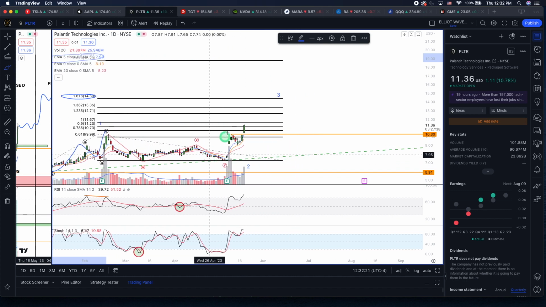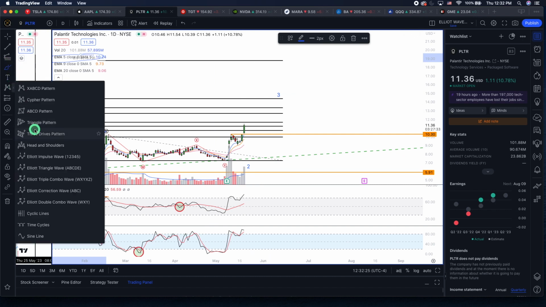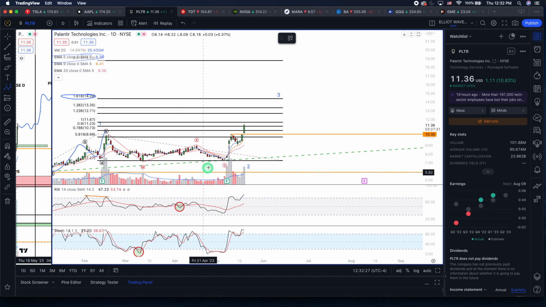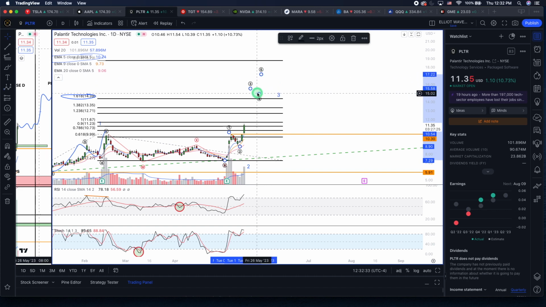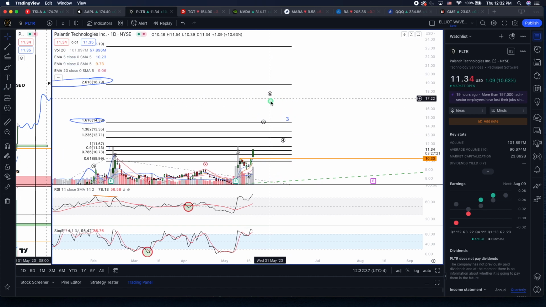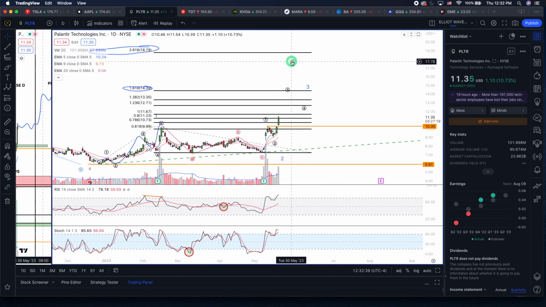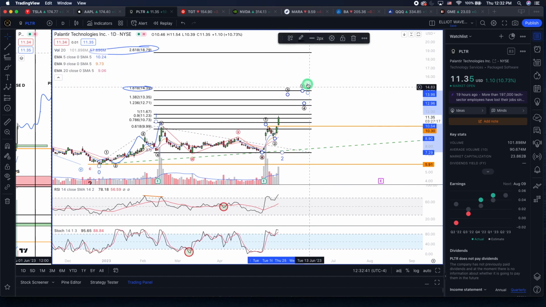If we look at this 3rd wave in and of itself, we can put like a wave count over here of a 1, 2, 3, 4, 5, right? So we're looking for something to play out like this. Again, if it ends up being a leading diagonal, that's something that only time will tell.